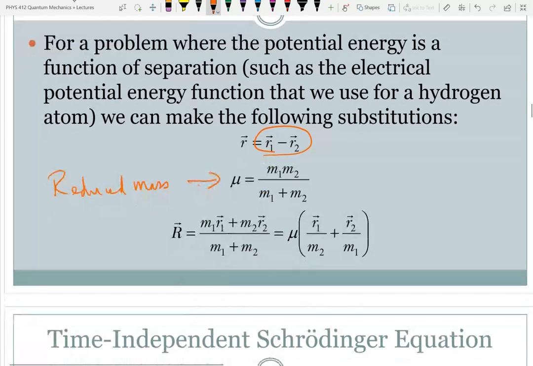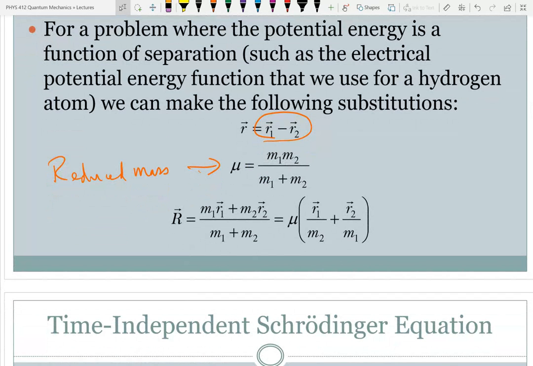So now I can rewrite a couple things. This R here is the separation, and this R here is the position of the center of mass. So we're not getting rid of a variable.